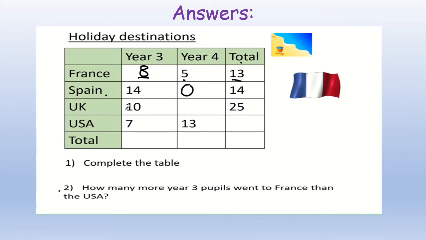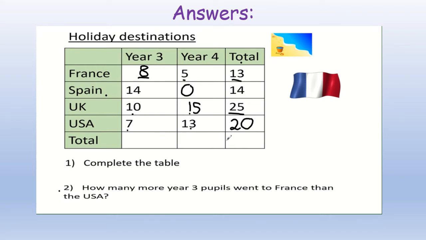In the UK, we have 10 Year 3s, some Year 4s, which made it 25 altogether. So what do we add to 10 to get to 25? Excellent. 15 Year 4s. And to the USA, we had 7 Year 3s and 13 Year 4s. So if we add together 7 and 13, it is a number bond, we get to 20.